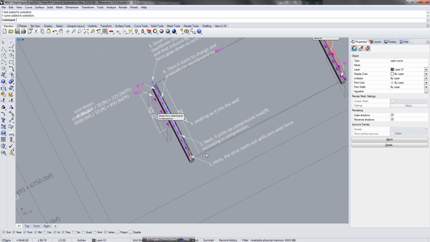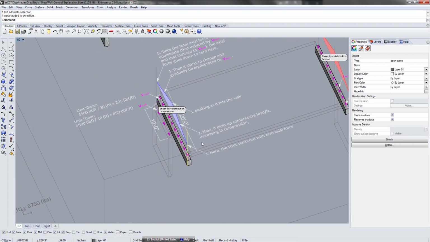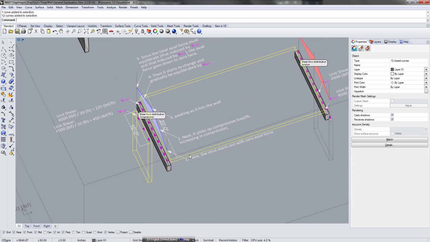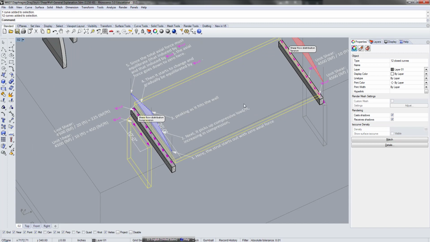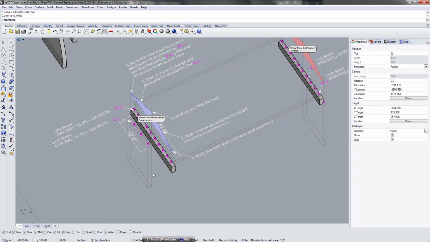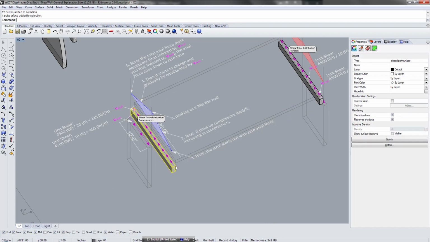So if you follow this through, first of all, there's this diaphragm, which is shown as this transparent box. Let's hide this because that's in the way. But anyway, first at the very corner, the strut starts out with 0 axial force.